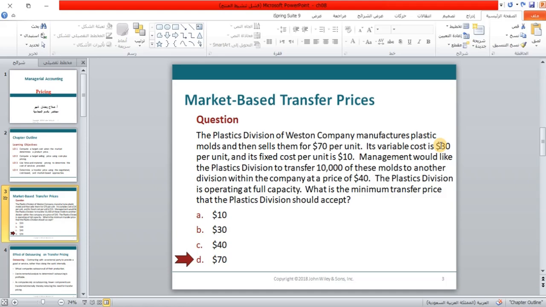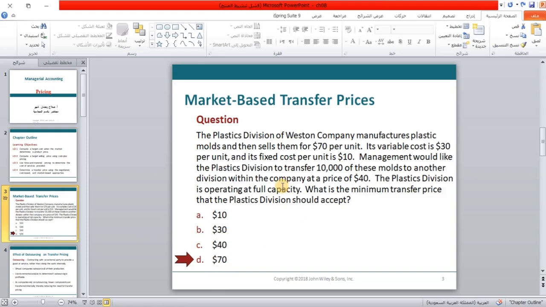Opportunity cost equals the contribution margin, 40. The difference between the selling price 70 and the variable cost 30 equals the opportunity cost 40. So the minimum transfer price, operating at full capacity, equals variable cost 30 plus 40 opportunity cost. The answer is 70.